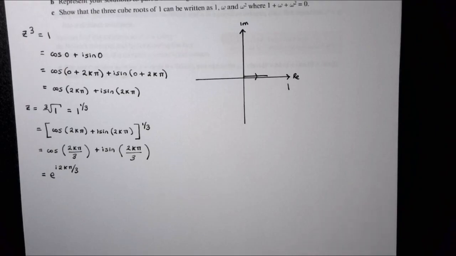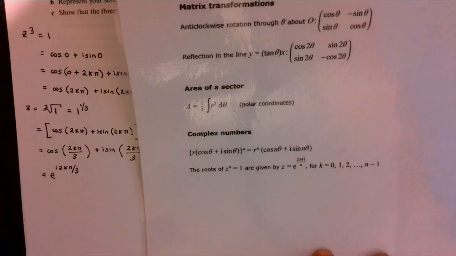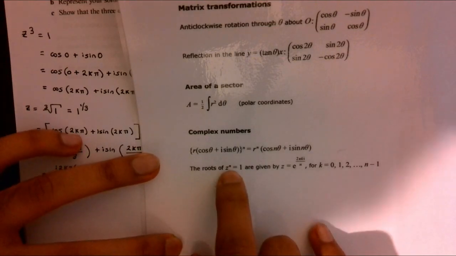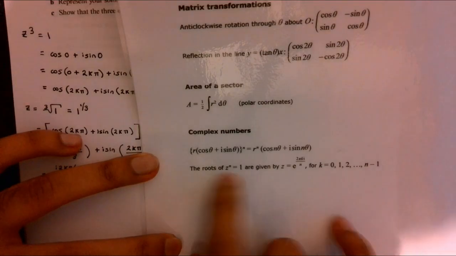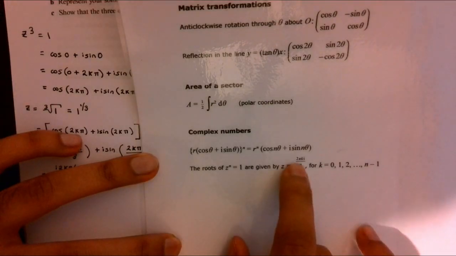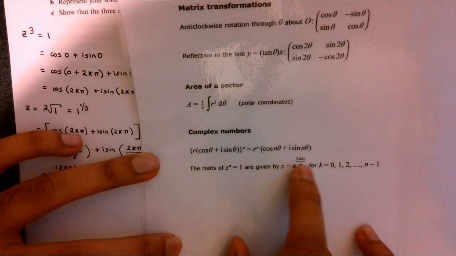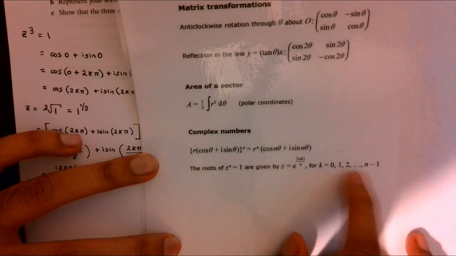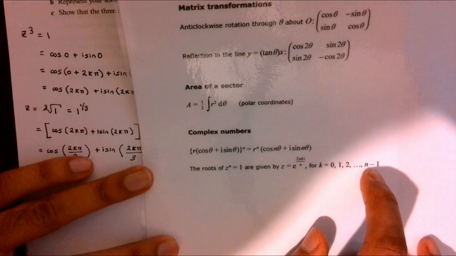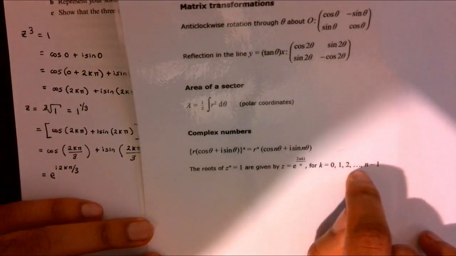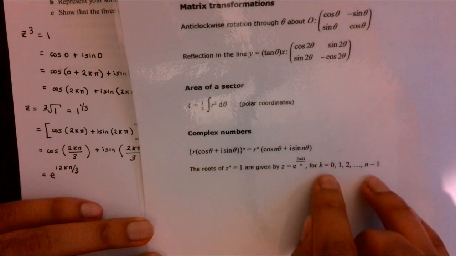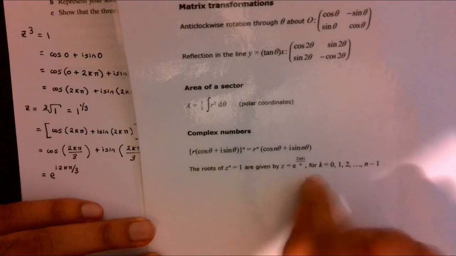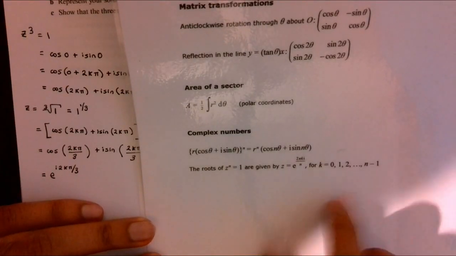Now, happily for us, in the formula book, you can see that if we have z to the power of n equals 1, the roots of this equation are given by z equals e to the power of 2πki/n for k equaling 0, 1, 2, 3, etc. up to n minus 1. So these are the values of k which we need to choose, and we'll take a look at why we choose these specific values later on, but for now, these are the values of k which we'll be using.